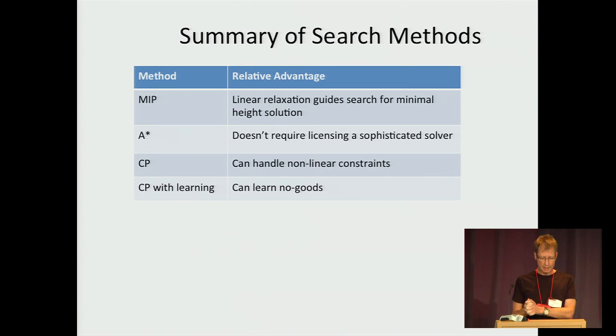Its relative advantage is that it doesn't require you to use sophisticated constraint solving technologies. CP's advantage is that you can directly handle nonlinear constraints, the configuration constraint. And we've also looked at CP with learning, which has the advantages of CP, but also can learn no goods. So the obvious question is, which is better?